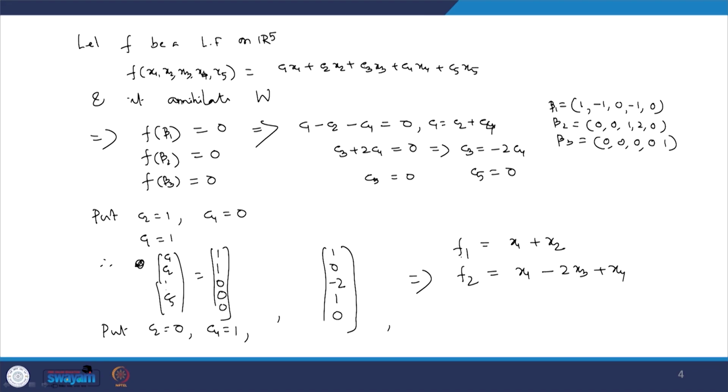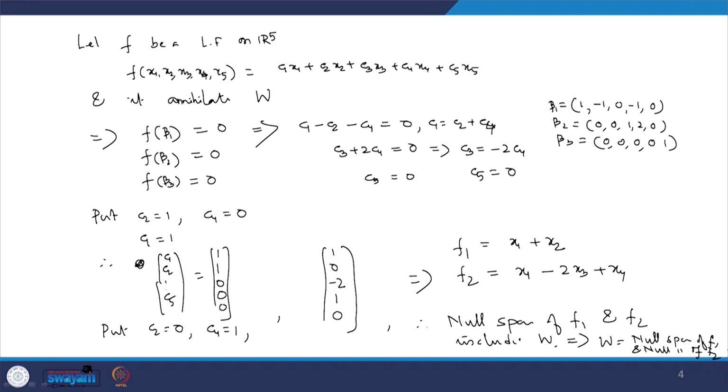Annihilate means the null space of f1 and the null space of f2 contain the set W. So this implies that W is equal to the intersection of the null space of f1 and the null space of f2, the intersection of two hyperspaces.